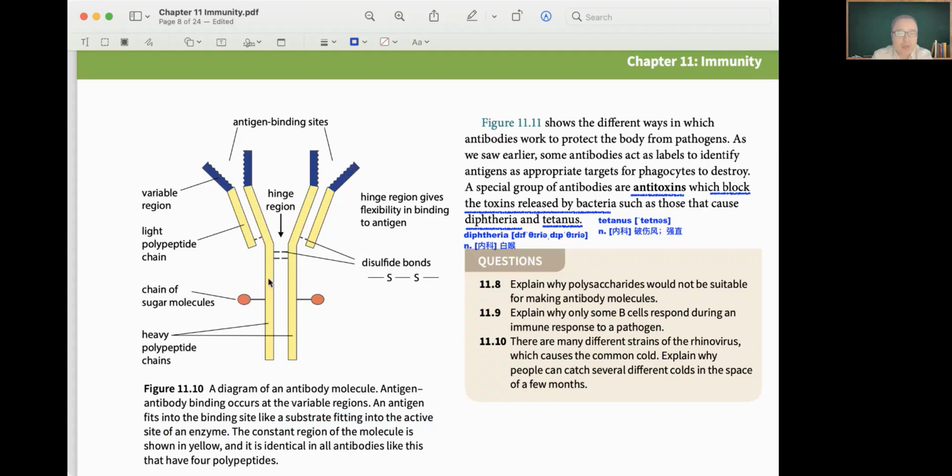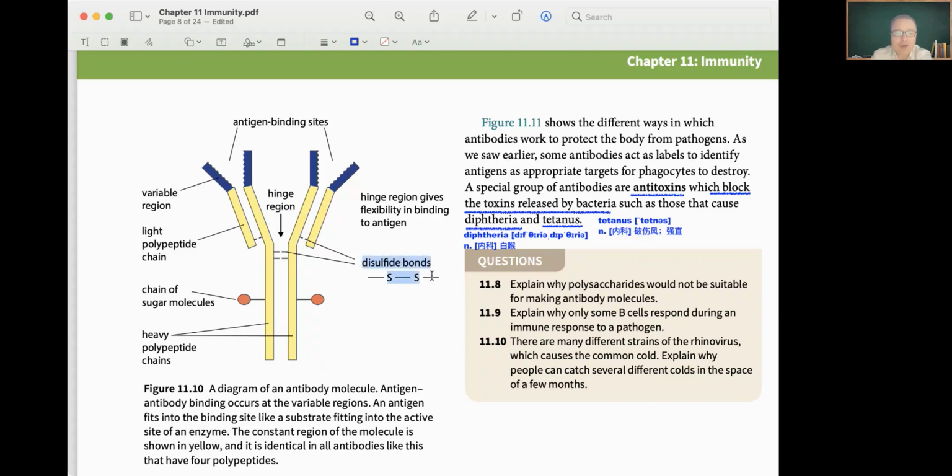One is called the heavy polypeptide chain, the two long heavy polypeptide chains, and they are connected by disulfide bonds.